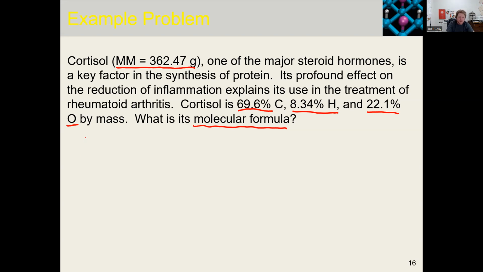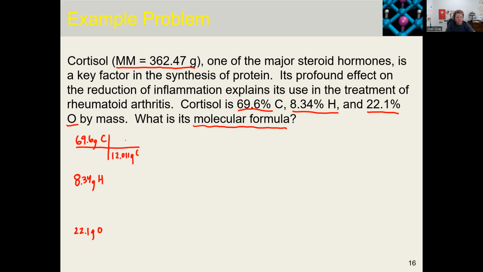What we're going to do is say 69.6, but rather than a percentage, we're going to say it's 69.6 grams. This compound is 69.6 grams of carbon, 8.34 grams hydrogen, and 22.1 grams oxygen. We'll take these different substances, and then we're going to figure out the number of moles of each one of them.